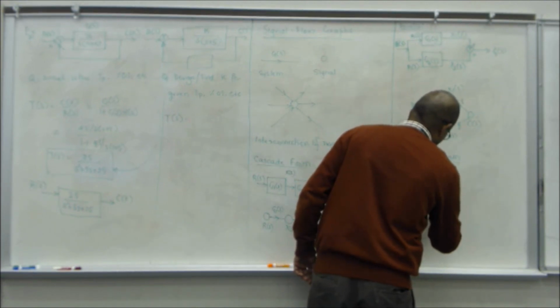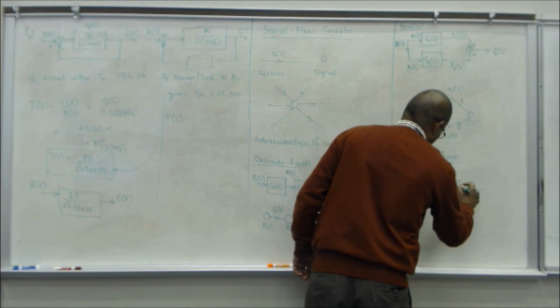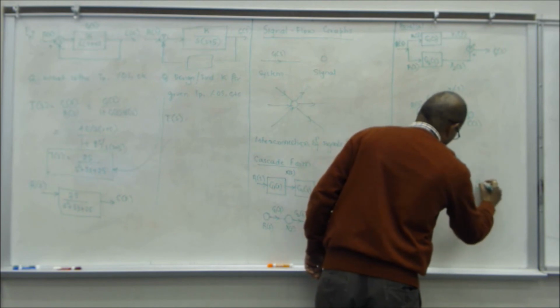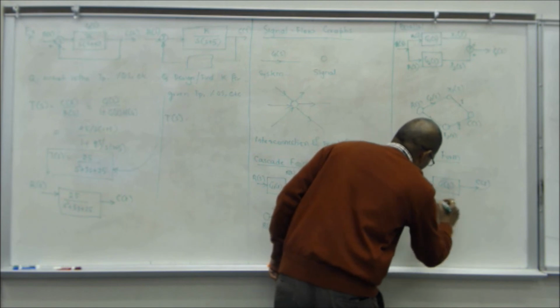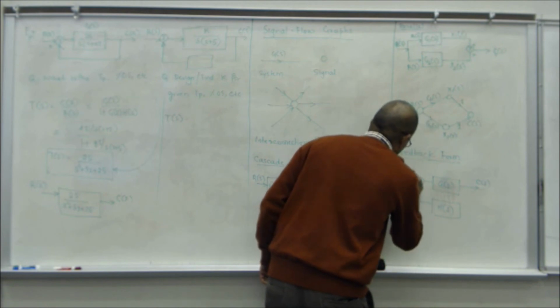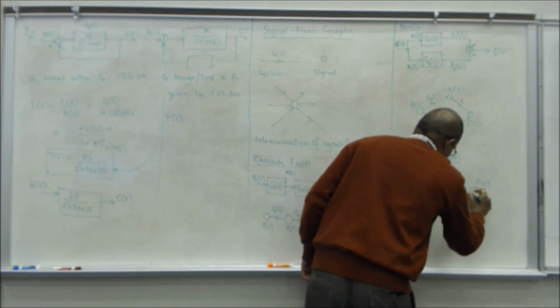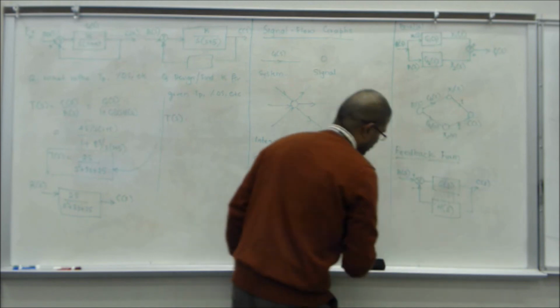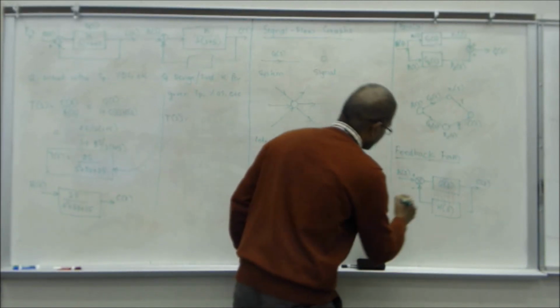So you have G of S, you have C of S, you have H of S, and R of S, okay, plus, minus. So how many signals do you have?